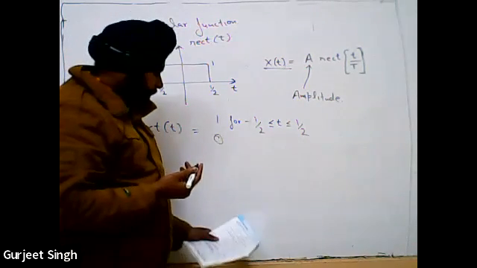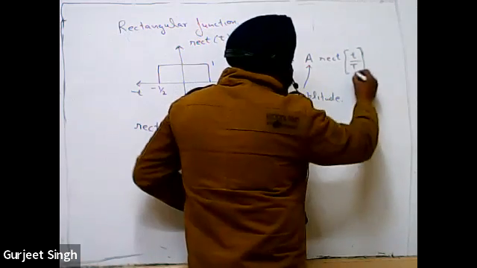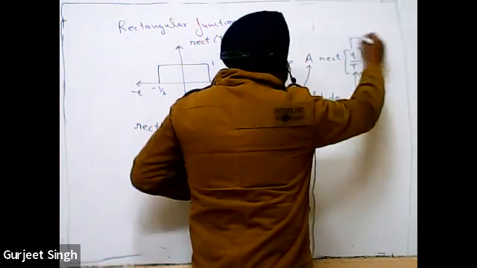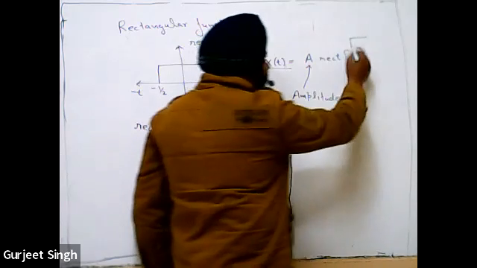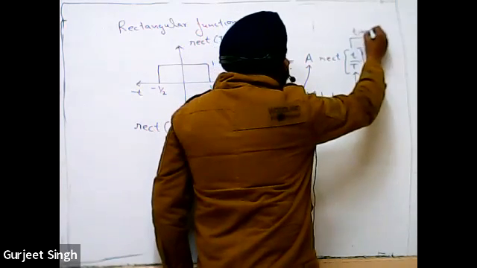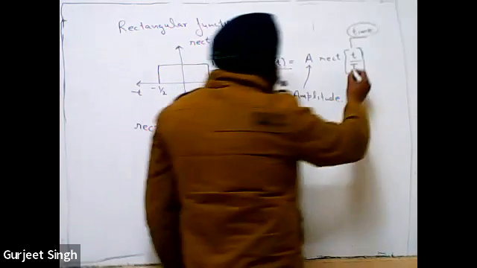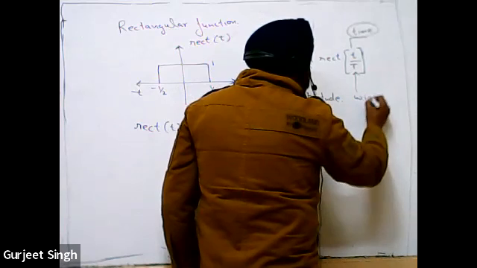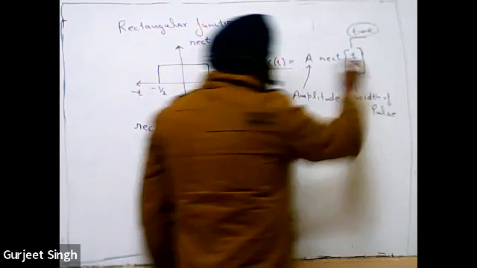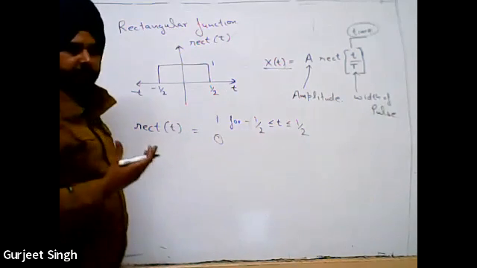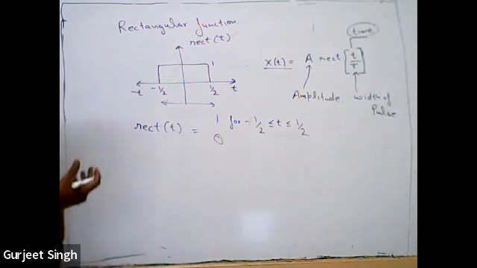Here we have a small t, which is representing the time, and capital T is representing the width of the pulse.